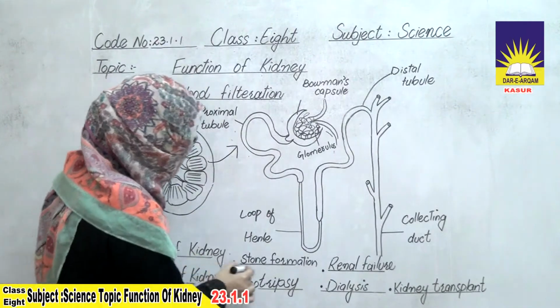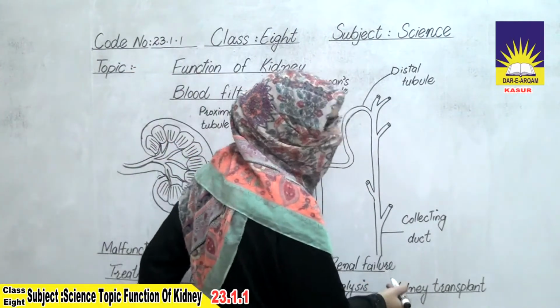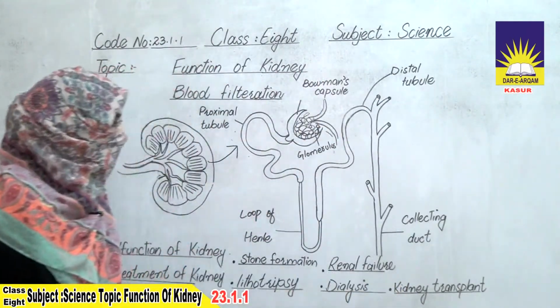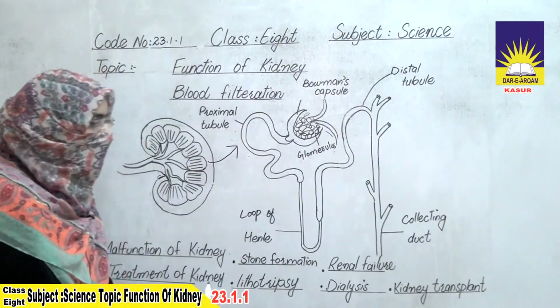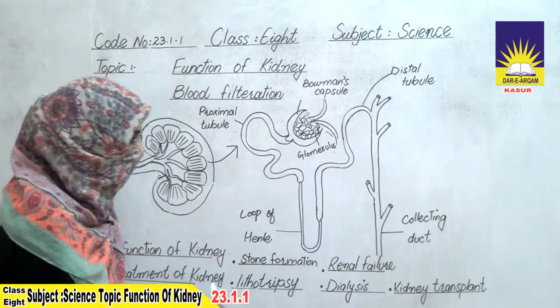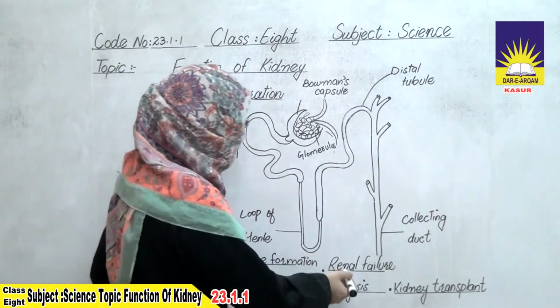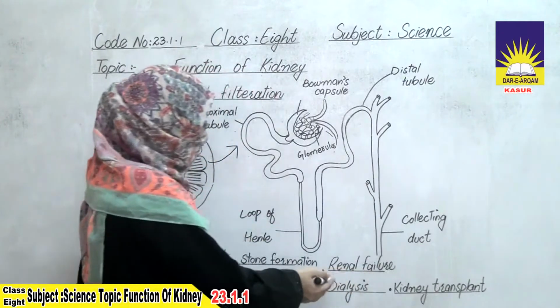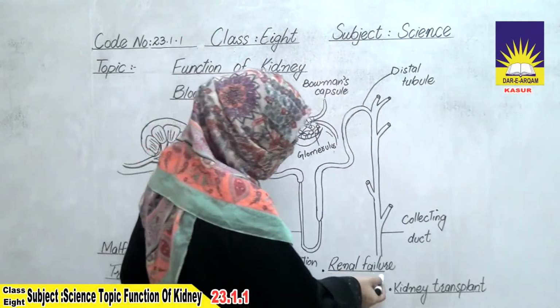The second problem of kidney is renal failure. It is the major problem. In renal failure, our kidney cannot work properly and it cannot be cured by the intake of water, because it is the major problem.